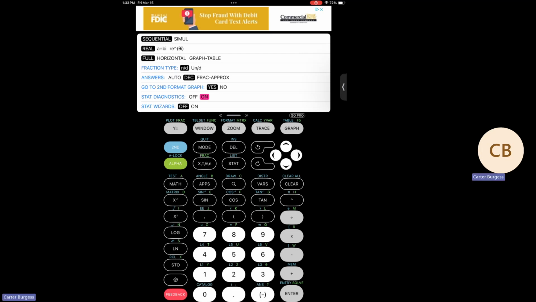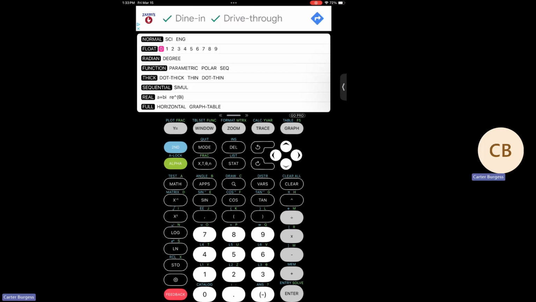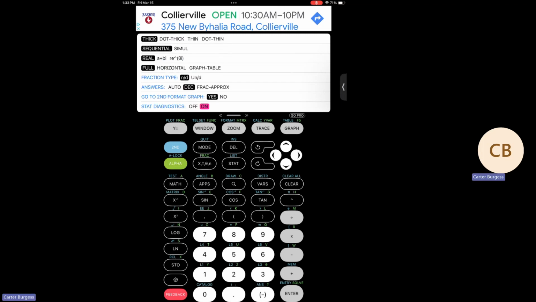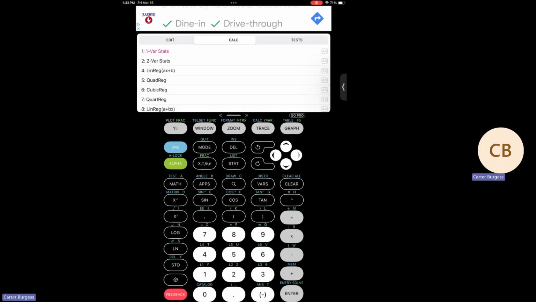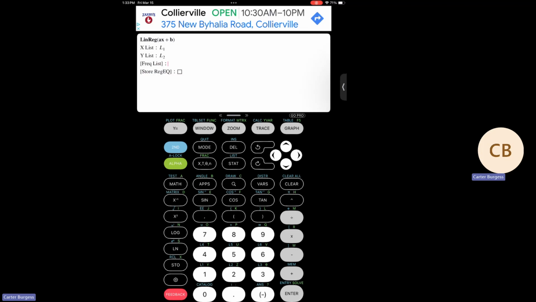Give you a hint, it's under mode. Yeah, exactly. We just need to make sure that stat diagnostics are on, and then we're good to go. So in this case, my stat diagnostics are on, so we should be able to run this. So stat calc, then reg, enter, enter, enter.